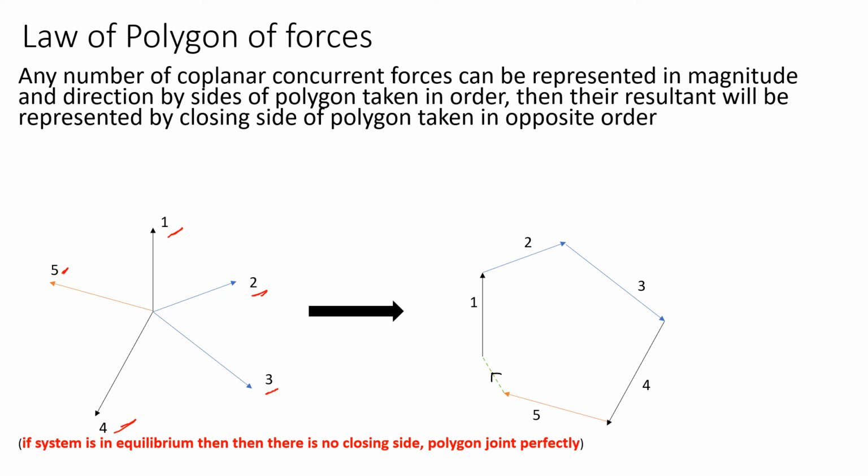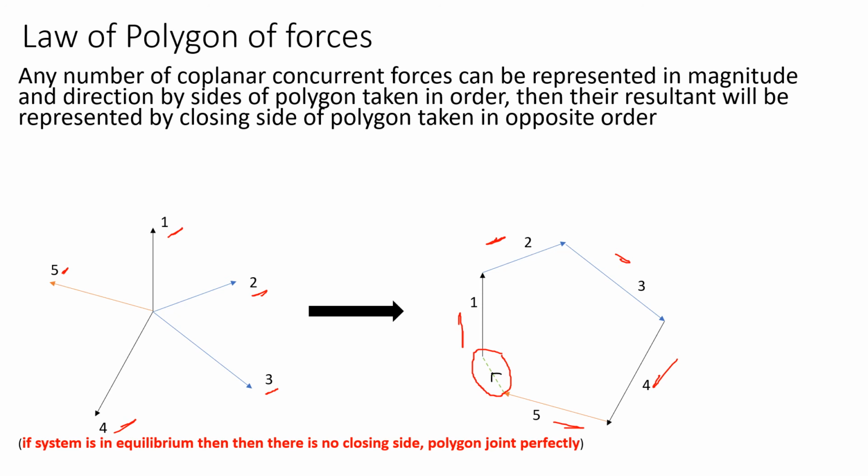Let's start to draw the polygon. First of all, draw the polygon with magnitude 1, then start clockwise, magnitude 2, then magnitude 3, magnitude 4, magnitude 5. Here there will be some error or some gap between the forces.